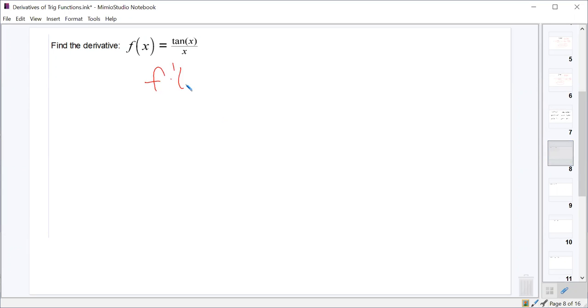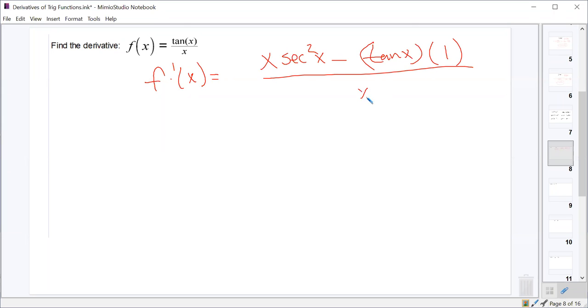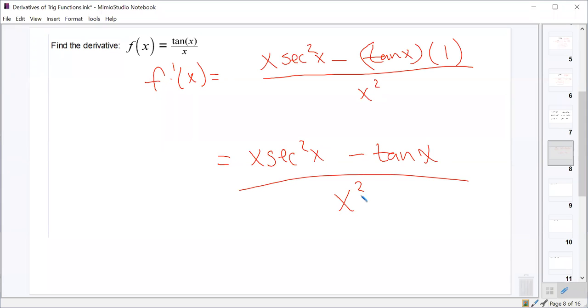So f prime of x ought to equal denominator times derivative of the numerator minus numerator times derivative of the denominator all over denominator squared. Any questions or issues with that?